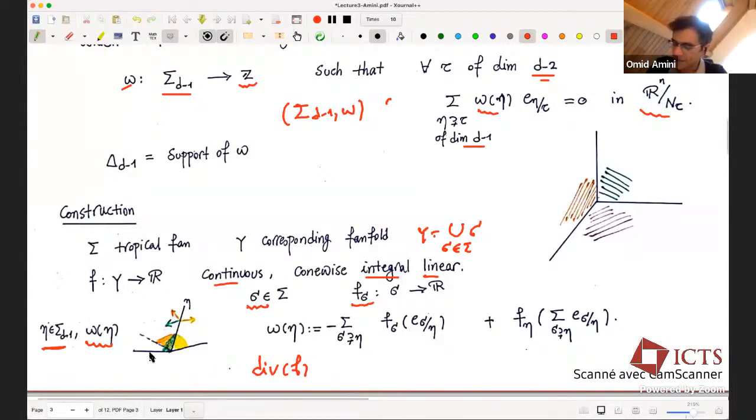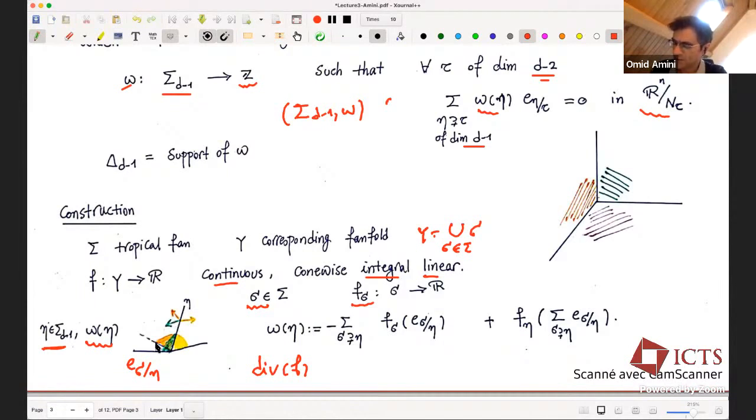As I explained in the previous slide, there are these vectors that you can form. These are the vectors E sigma over eta, which are the primitive normal vectors which point inside each of the cones. So you see three vectors, E sigma over eta, around eta.